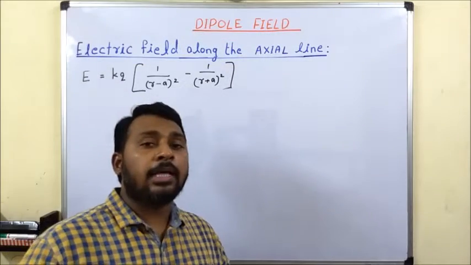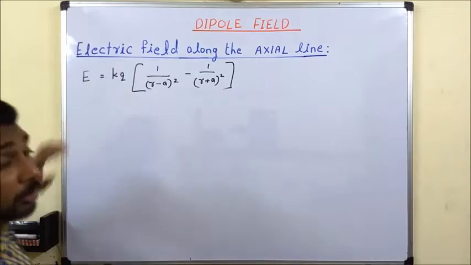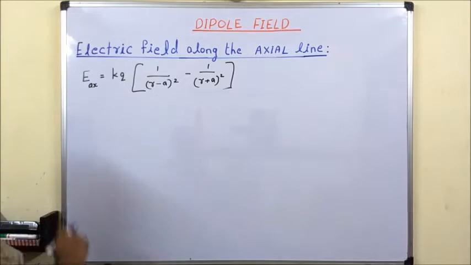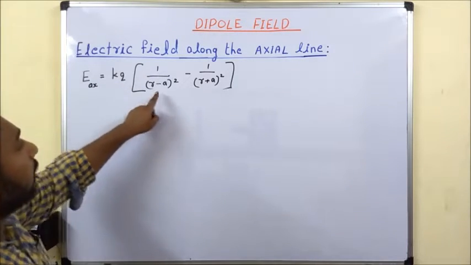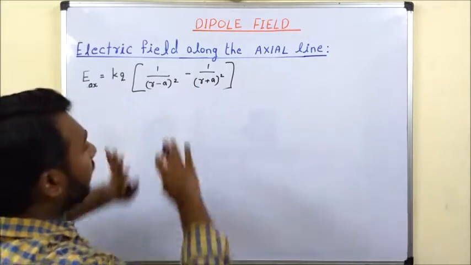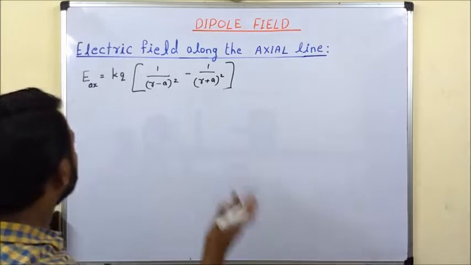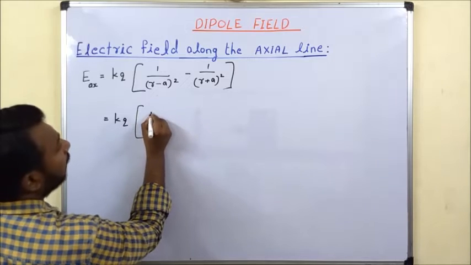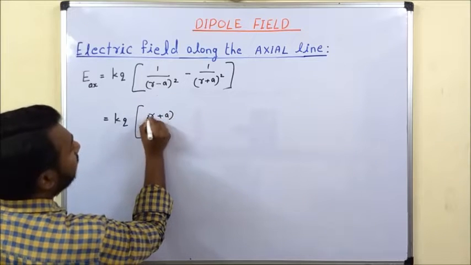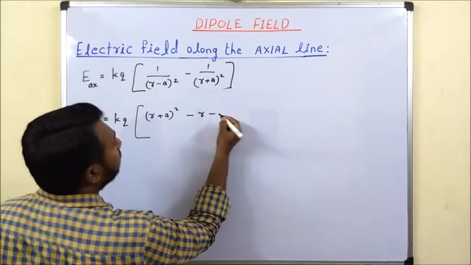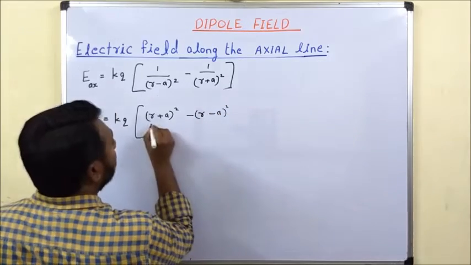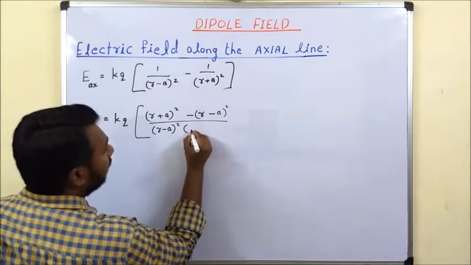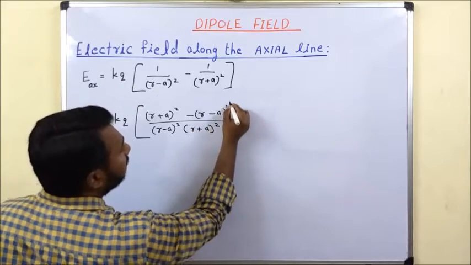The net electric field along the axial line, EX, where X stands for axial line, is equal to KQ into this. Inside the bracket, let's take the LCM. It will be KQ into R plus A whole square minus R minus A whole square, all divided by the LCM, which is R minus A whole square into R plus A whole square.